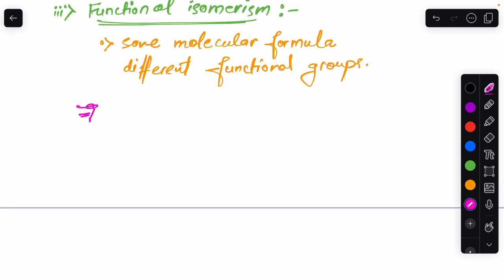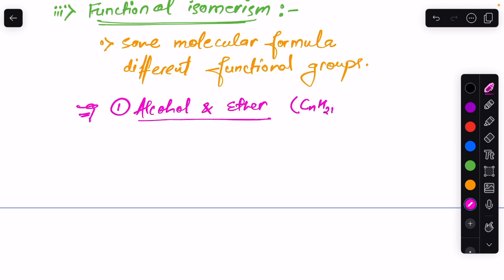First example, let's number it, is alcohol and ether. So the general formula would be CnH2n+2O.